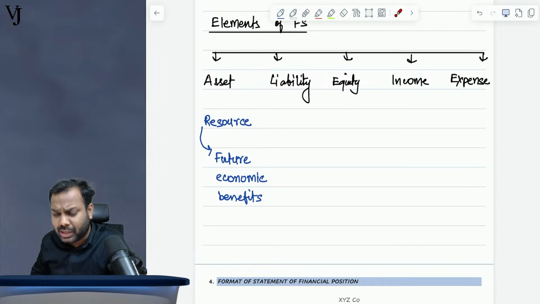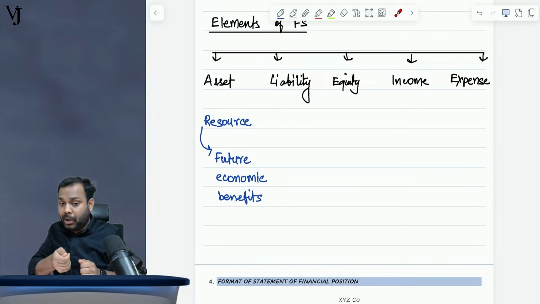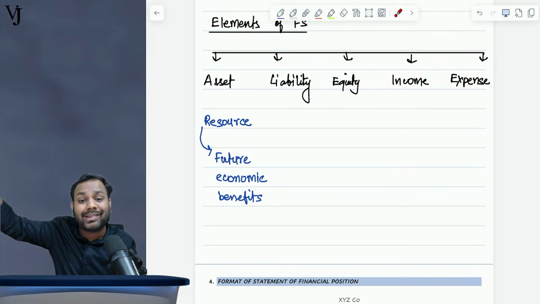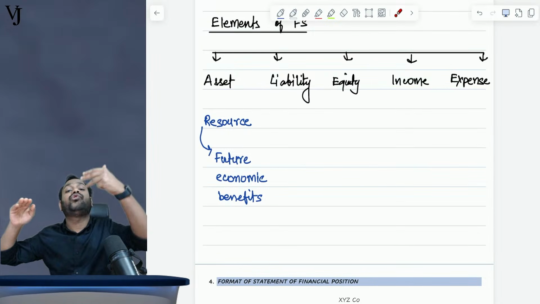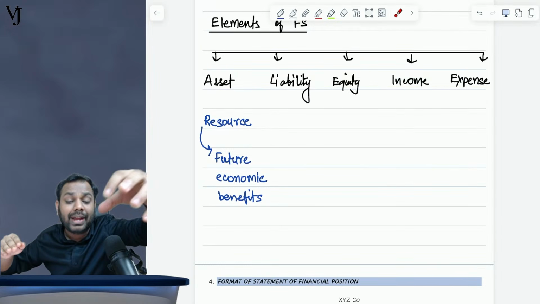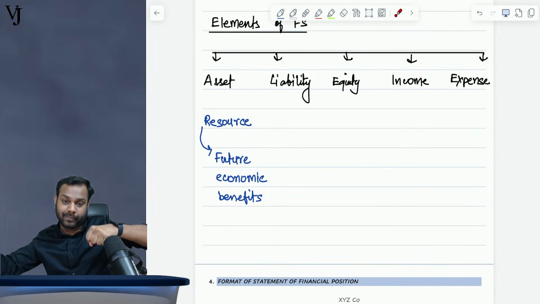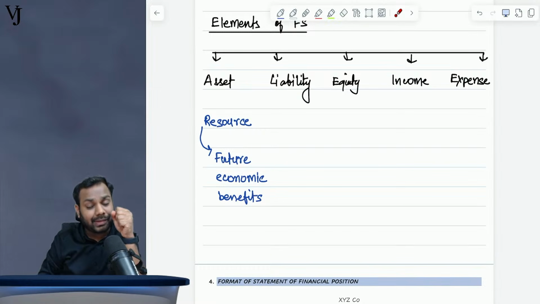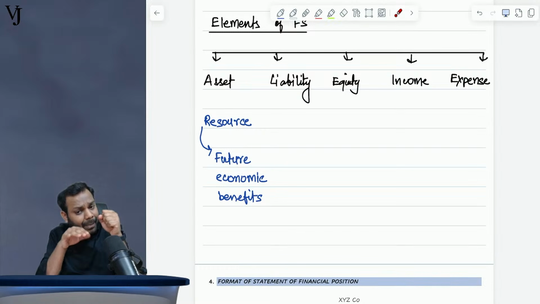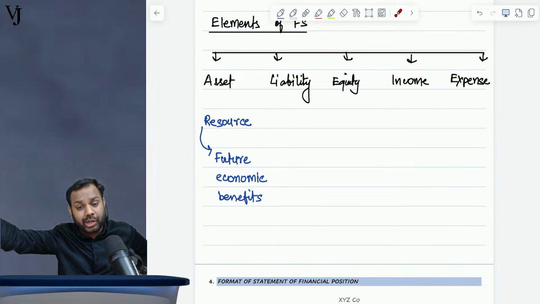Just after having my lunch, I went to a laptop shop. I paid the money and bought the laptop. Now, this laptop will give me benefits over the next 3 years, so I have to recognize this as an asset and depreciate it over 3 years. This depreciation is my expense. Whatever amount you spend, if it gives you economic benefits over the future, it's an asset.